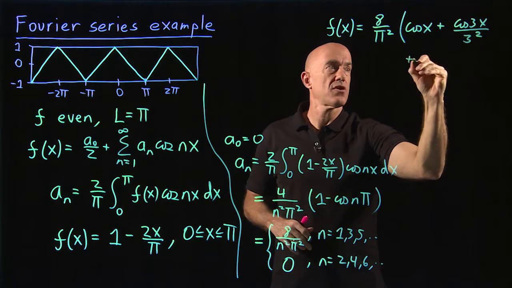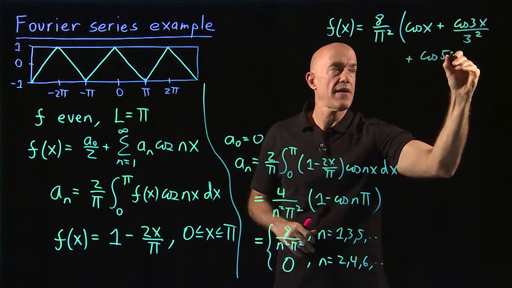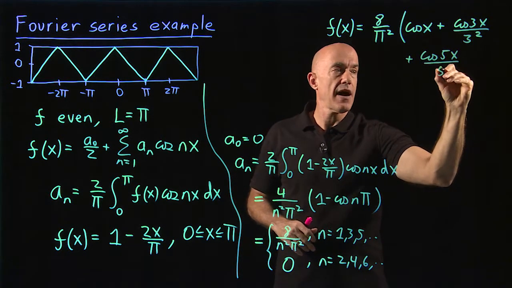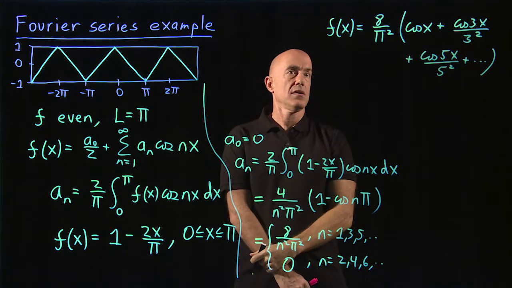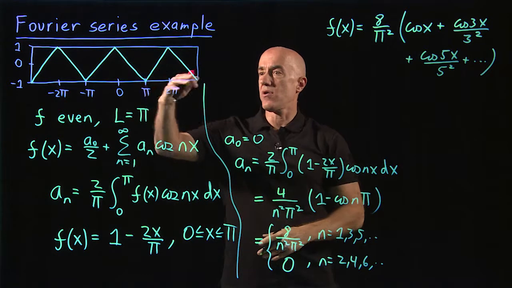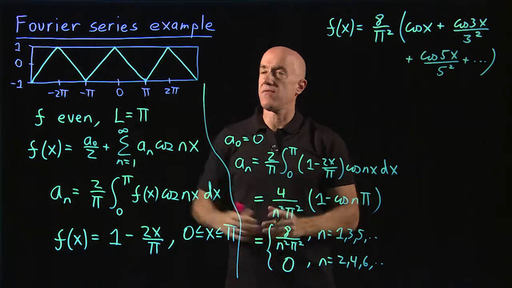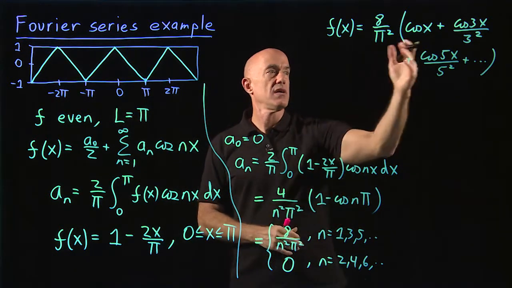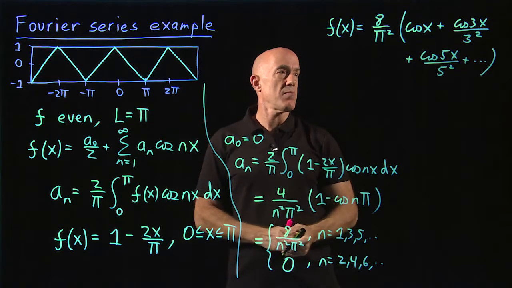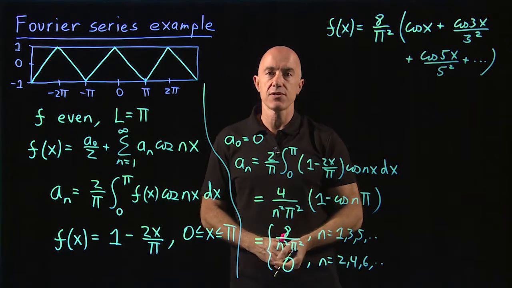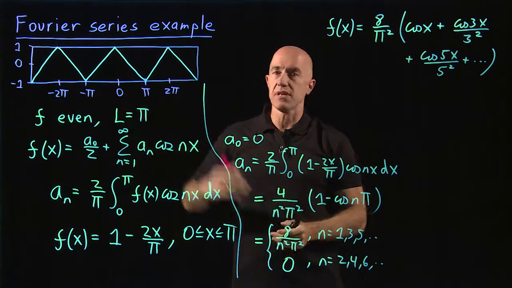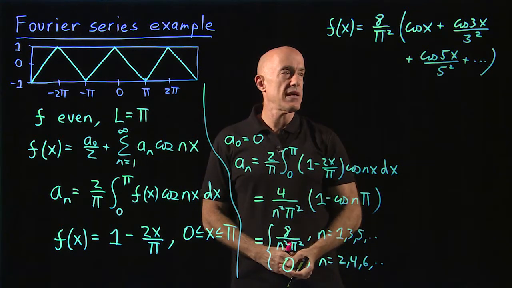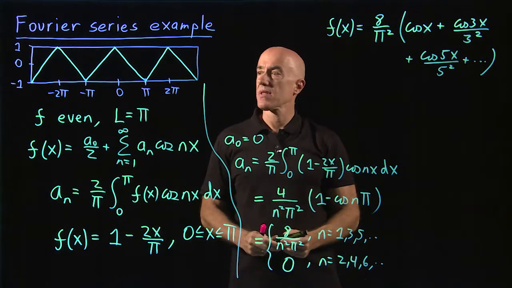And then the next term would be cosine 5x over 5 squared, etc. Okay, so that's our representation of the triangle function in terms of a summation over these cosines. You would never be able to guess that from looking at the picture, but that is true.